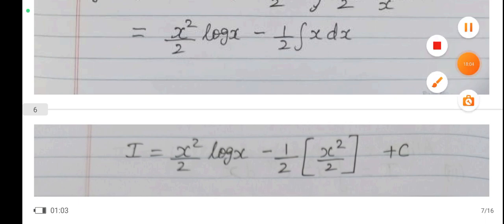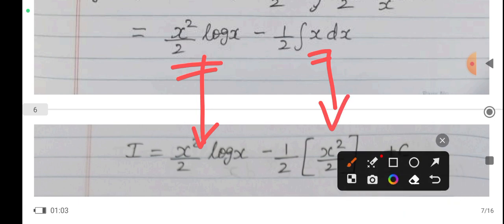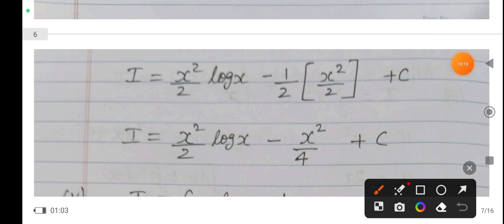Just integrate the x, children. x integration is x square by 2. So x square by 2 log x minus 1 by 2, x integration is x square by 2, plus c. We can just multiply the 2s. 2 2s are 4. So x square by 2 log x minus x square by 4 plus c.